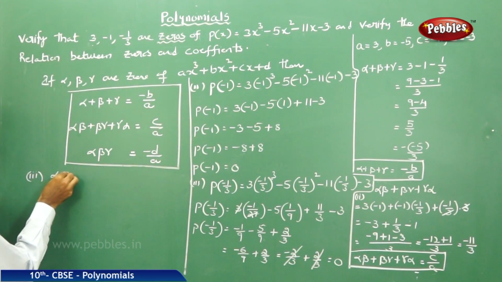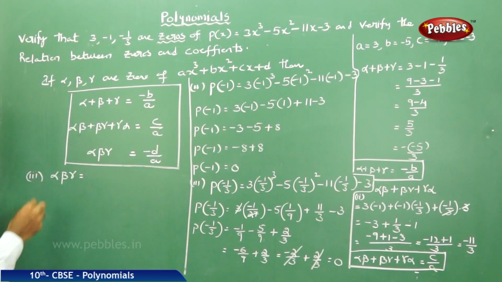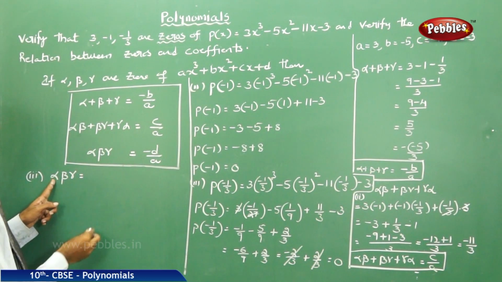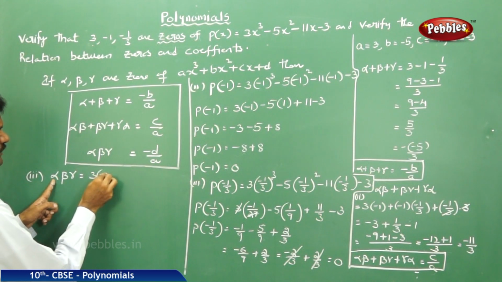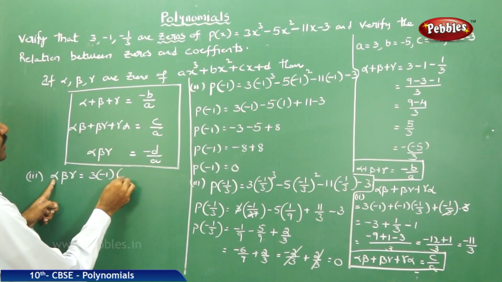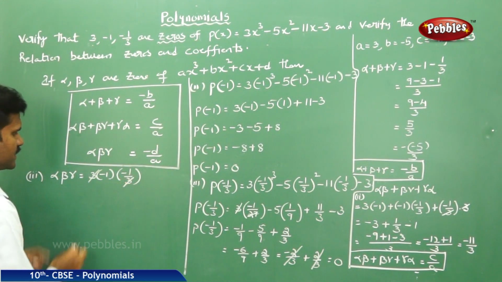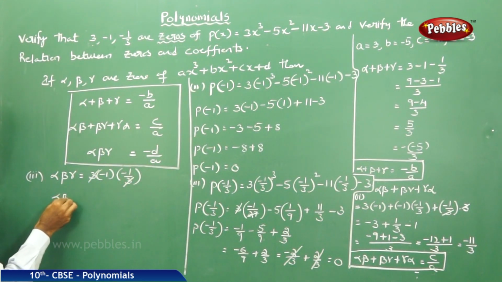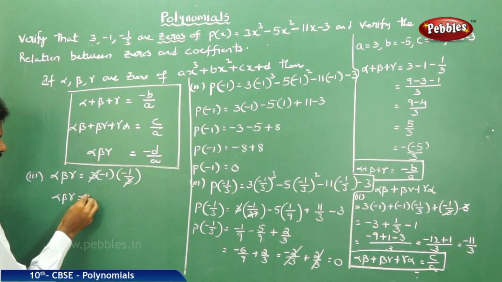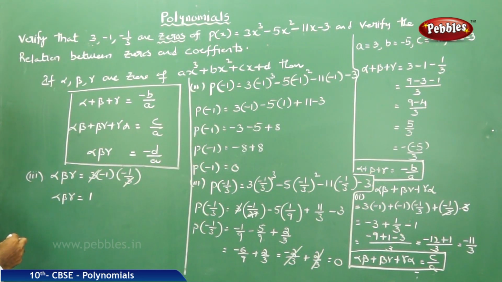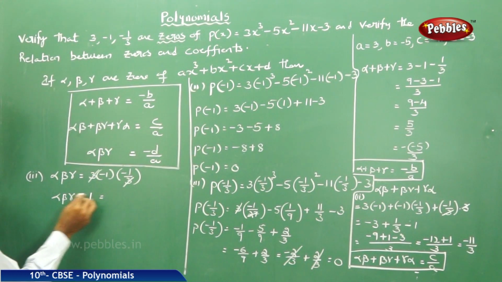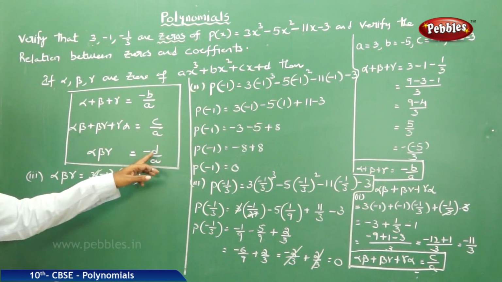There is alpha beta gamma, which is nothing but the product of the zeros. Alpha value is 3, beta value is minus 1 and the gamma value is minus 1 by 3. 3s get cancelled. That is alpha beta gamma is equal to minus into minus is plus, that is 1, 1s are 1, which is equal to minus d by a.